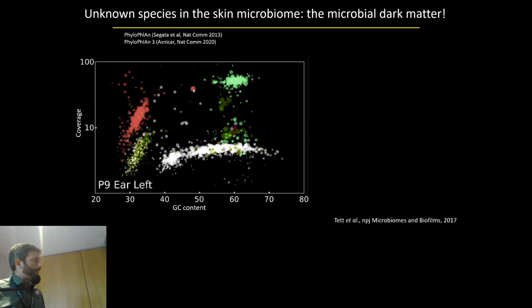And each bubble in this plot represents a contig, a reconstructed contig from the community of mixed, of course, microbial species. We took the skin in this example because the skin is a slightly less complex microbiome than the gut microbiome, for example, so it can be somehow visualized. So each bubble is a different contig. The size of the bubble is proportional to the length of the contig.